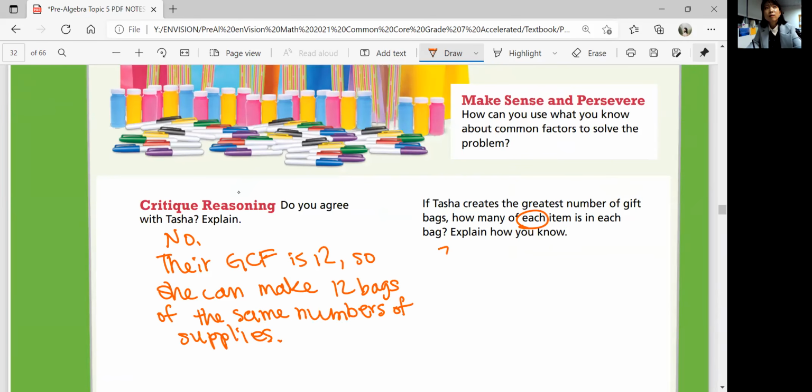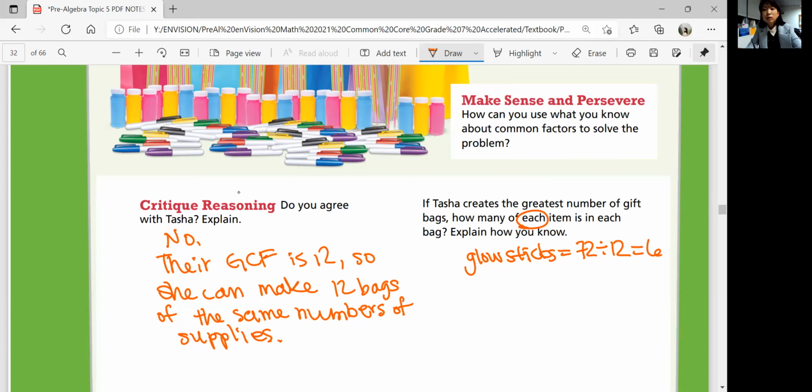You have 72 glow sticks, right? So glow sticks would be 72 divided by 12. You divide what you have equally into 12 bags. So you divide it by 12. And that should be how many? 6? Yes, 6 glow sticks.